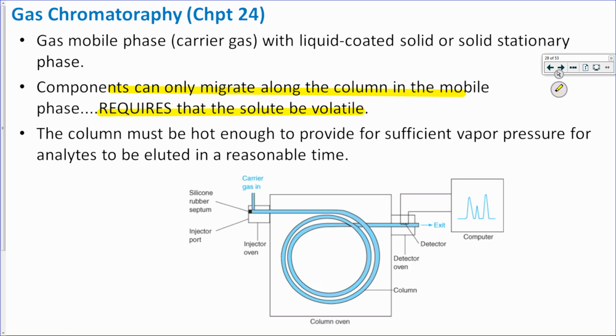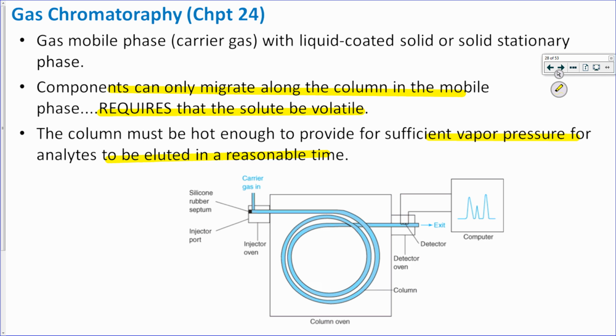So the column has to be hot enough to give you enough vapor pressure so that the analytes can elute. What does that mean? Well, the water that I just spilled on the tabletop here, when I come back in the morning, it'll all be evaporated. And the room's never going to reach the boiling point of water. Why? Because there's always a vapor pressure. The solvent's constantly going into the vapor.